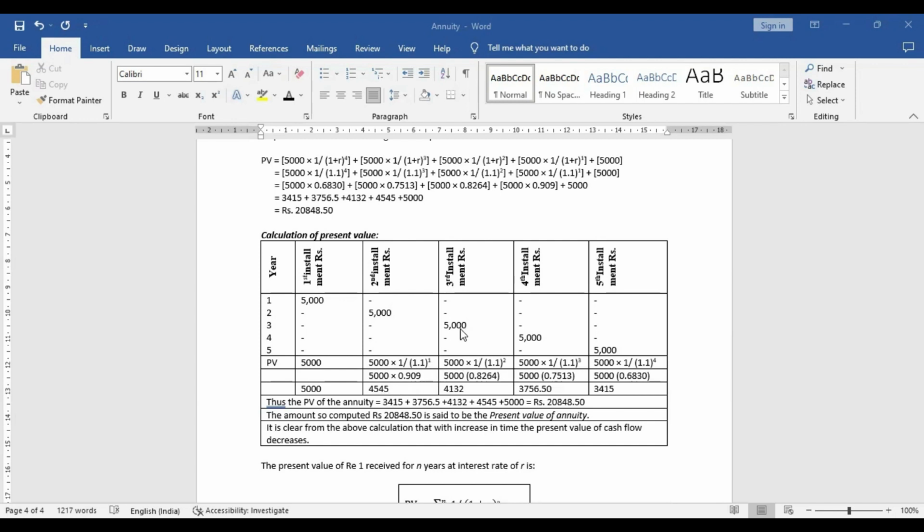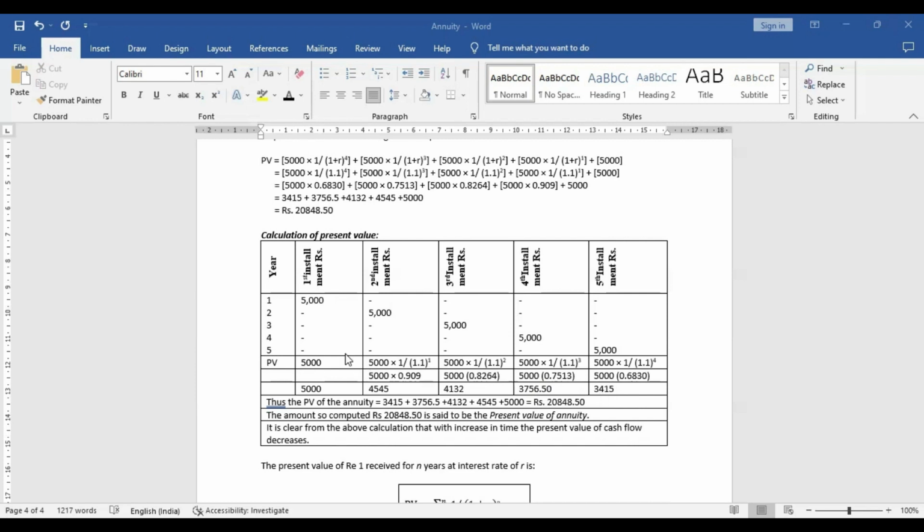Third year, it will be depreciated for 2 years because there are 2 more years, we can say. We have to bring the second year value itself. It will come to 4132. Fourth year, 3756.50. And fifth year, it will be 34.